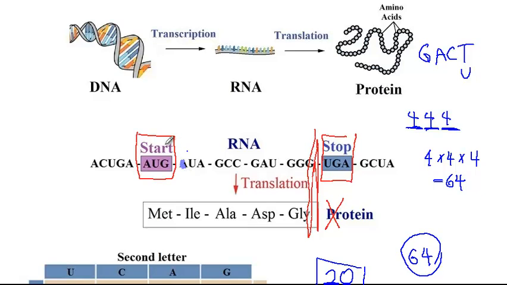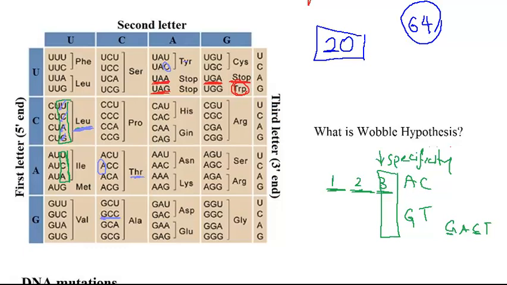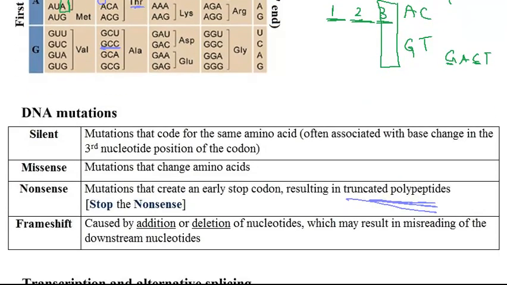So after the start codon, what do we have? This would be the next codon, and then CCG would be the next codon, and then AUG would be the next codon. So if you refer to the table that I have right here, now we are having a completely different set of amino acids that are being incorporated. And so therefore frameshift mutations usually can change the entire structure of the downstream proteins that are being translated.